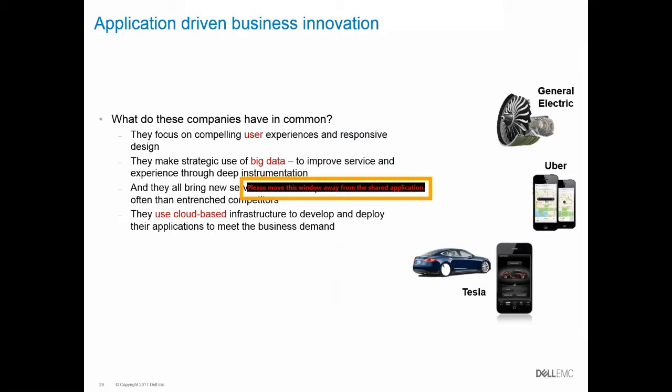Transport. GE is making engines for aeroplanes. Tesla is a transportation company, making automatic, robot driven or automated cars. So what is common between all of them?